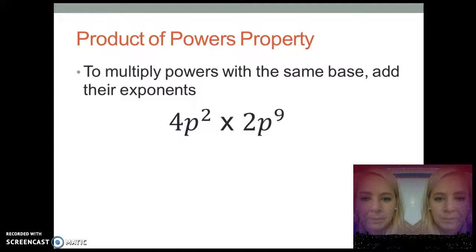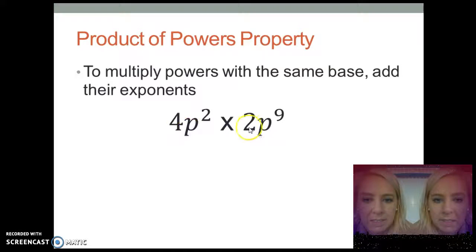Alright, and here's another, even more advanced example. In this case, our base is the letter P, not 4 and 2. 4 and 2 is not our base. Our base goes with our exponent. So in this case, I can multiply 4 times 2, which is 8.